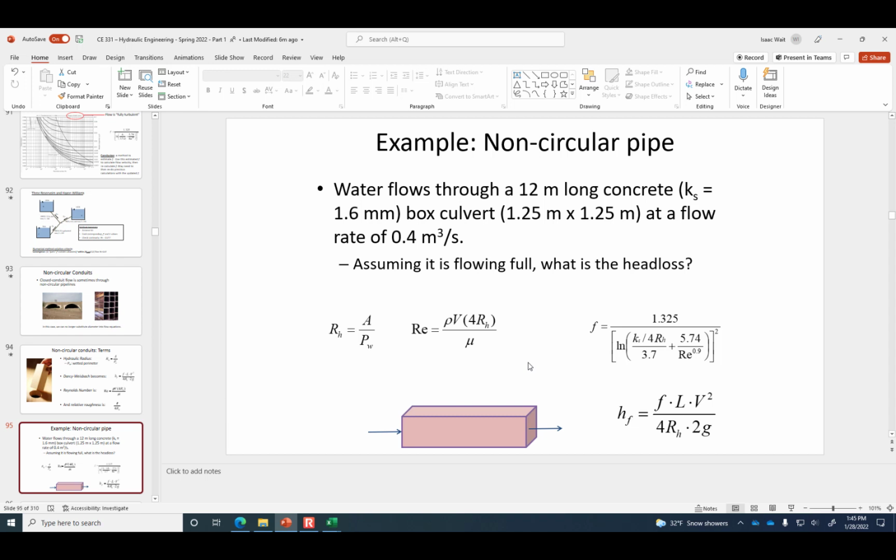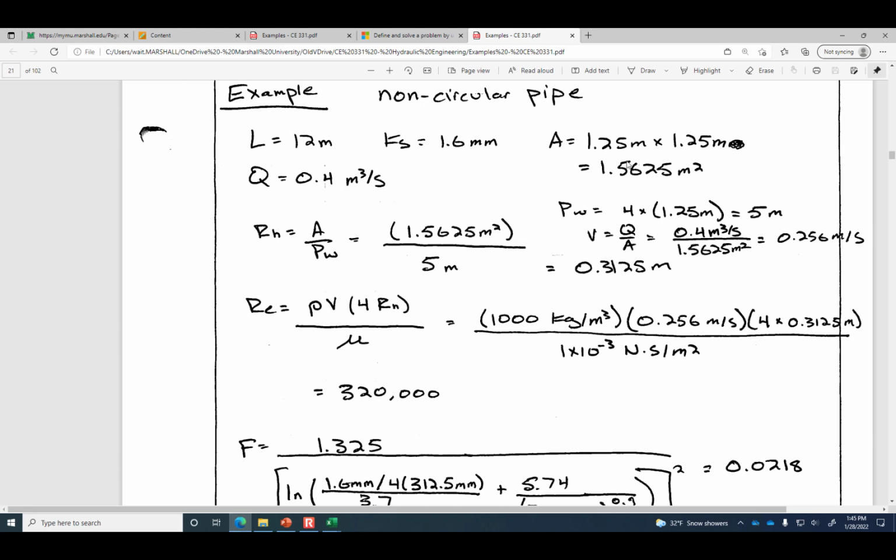So we'd have the 1.25 plus another 1.25 and a third and a fourth. And so the wetted perimeter is 4 times, in this case, each side is 1.25 meters, so 5 meters is the wetted perimeter that's dividing the area. So you get a hydraulic radius and substitute that hydraulic radius into the determination of the Reynolds number.